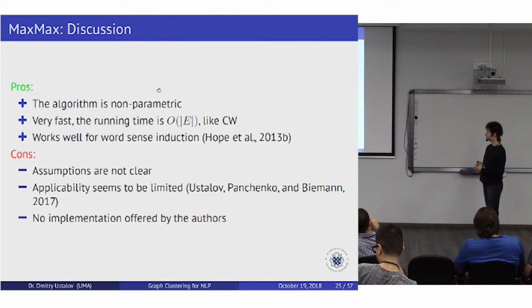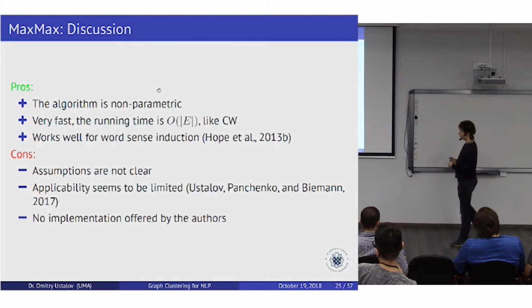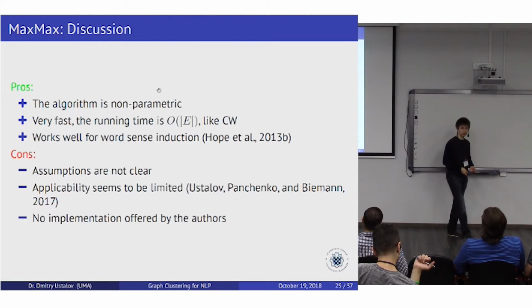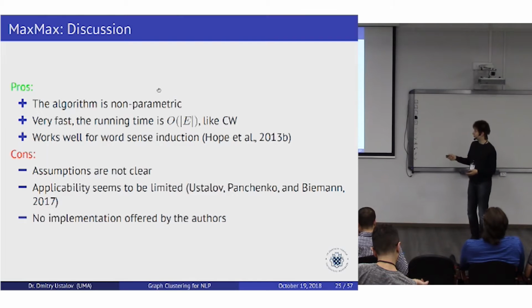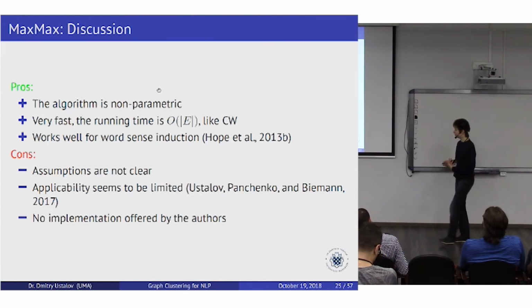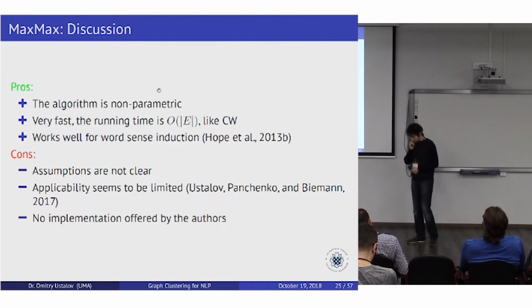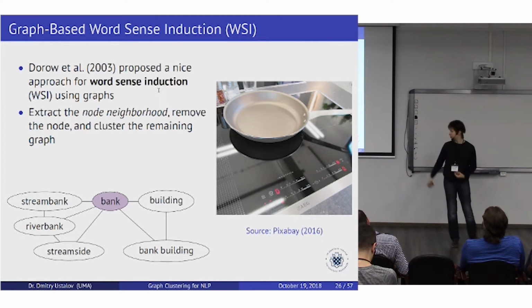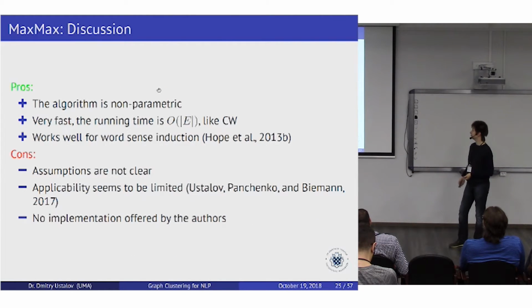And the authors provided no implementation, either open source or binary files, which is a pity because I did my best when I was implementing this. I would like, nevertheless, to have some reference to say whether I'm correct or not, but I'm pretty sure I'm correct.